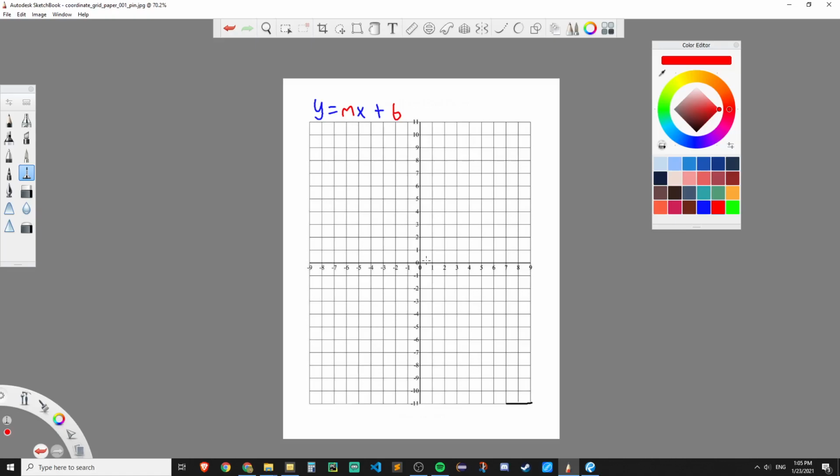So what are each of these items in the equation? Y and x are the y and x coordinates of a line. So these two can be written in an ordered pair like this, x comma y.